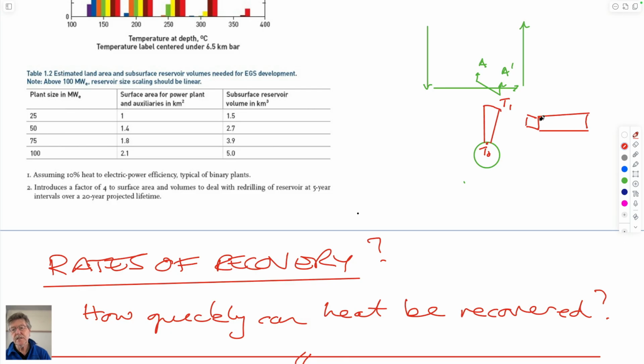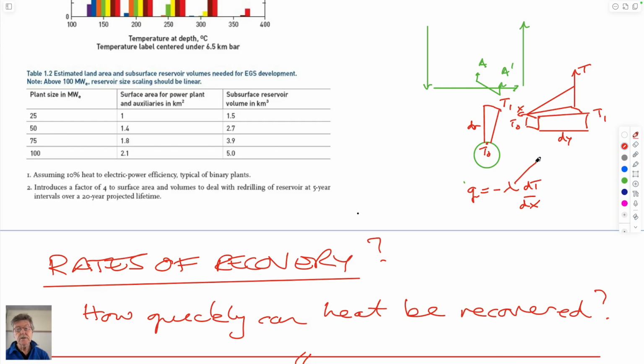It happens that it would be slightly tapered, right? But let's not worry about that. So this is T1, this is T0. And so if you look at the temperature change as you go along here, and this is X. And Fourier's law says that the heat flux out of that system is equal to the thermal conductivity multiplied by dT/dx. dT/dx or dT/dr is given, and so it's controlled by conduction only.